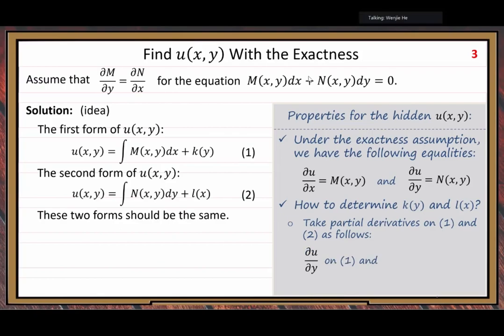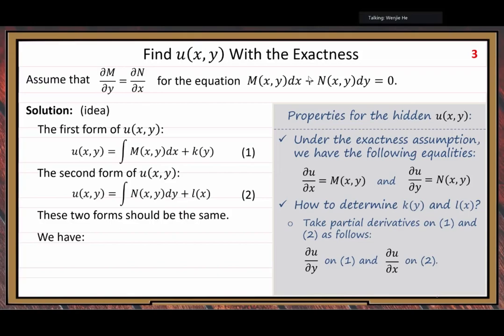First one, we take partial U over partial Y, not over partial X, because we need to take the derivative of the little k function. The second one, we take partial U over partial X, so we need to take the derivative of the little L function.